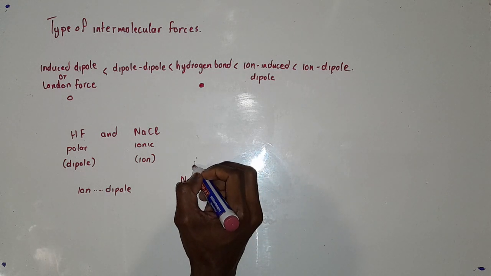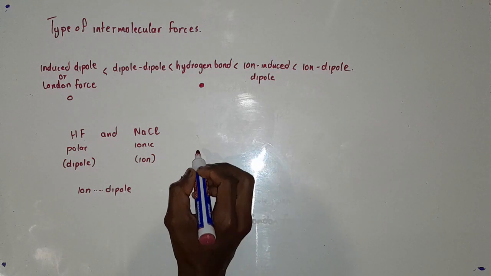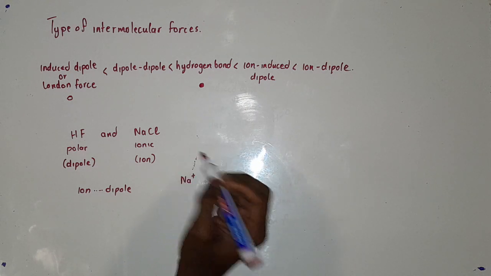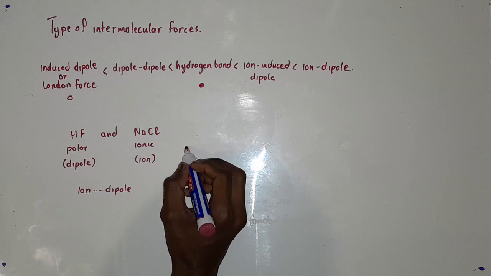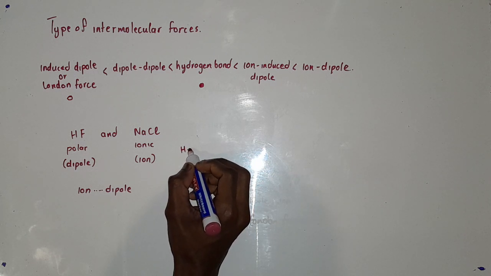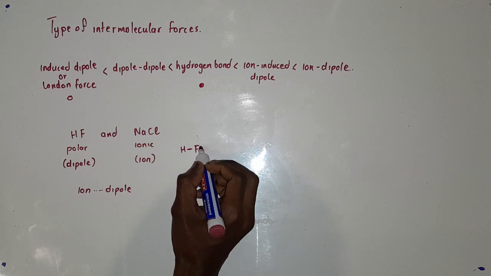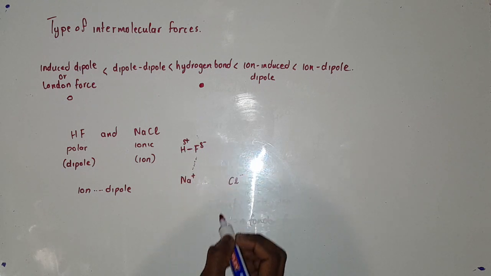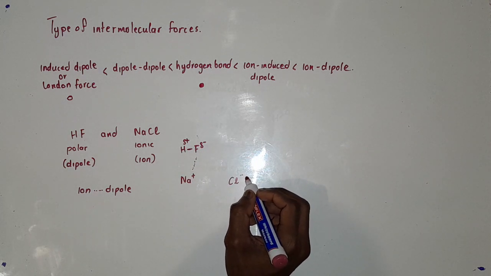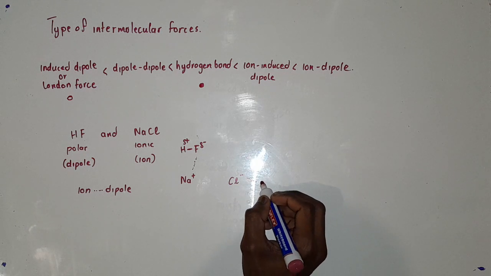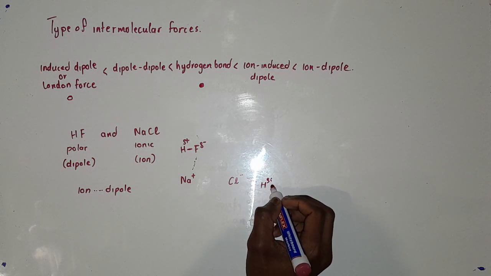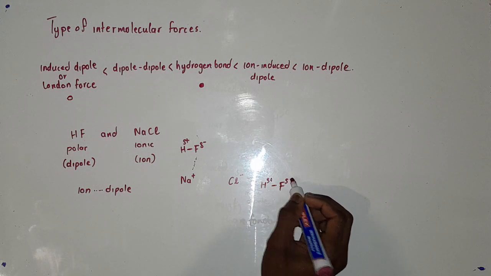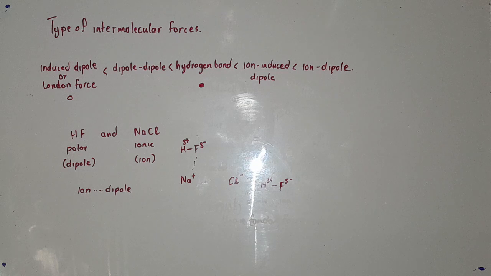The positive charge of this is going to be attracted to, sorry, it's going to be attracted to the slightly negative fluorine, like this. Then this negative is going to be attracted to the slightly positive H, like this. Do you understand? Like this. Then okay, yeah, just like this.